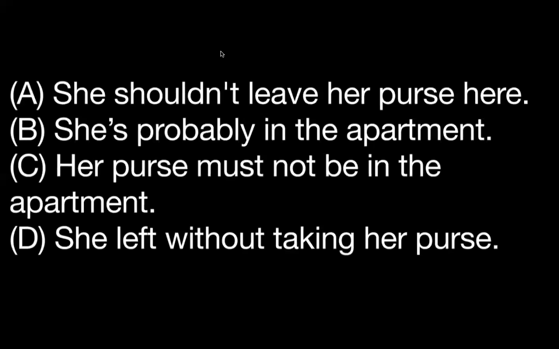Number 19. Do you know where Debbie is? Her purse is still here, so she must still be in the apartment. What does the man say about Debbie? Number 20. Do you know when rent is due? The landlord collects it on the first of the month without fail. What does the woman mean?